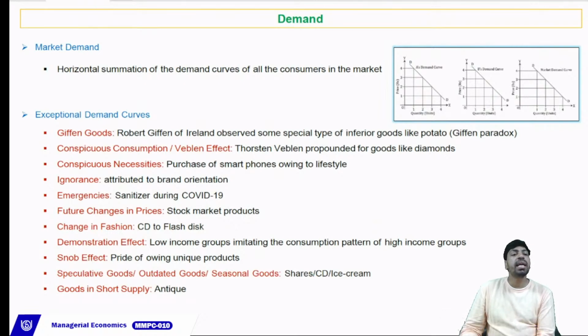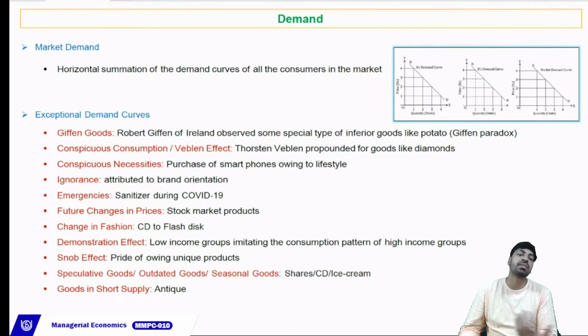Now we talk about the exceptional demand curves where the law of demand has no role. One example is Giffen goods. Robert Giffen of Ireland observed some special type of inferior goods like potato, and that's called the Giffen paradox.